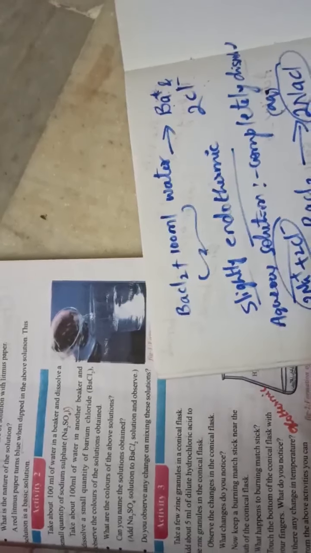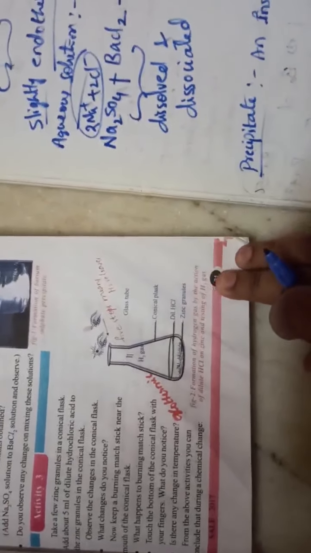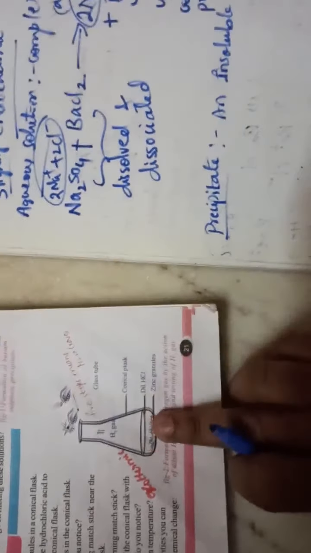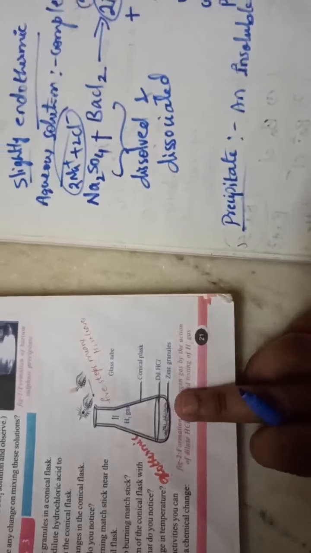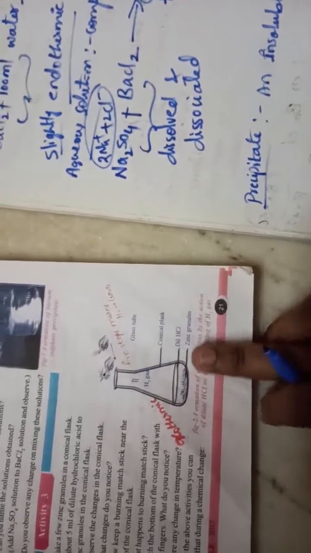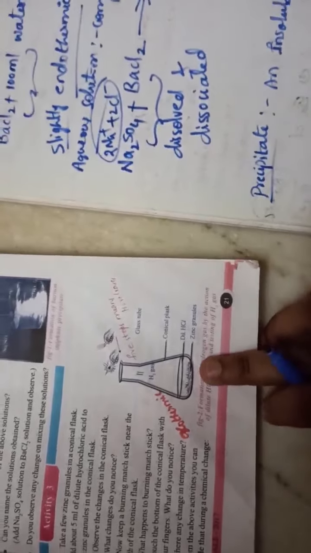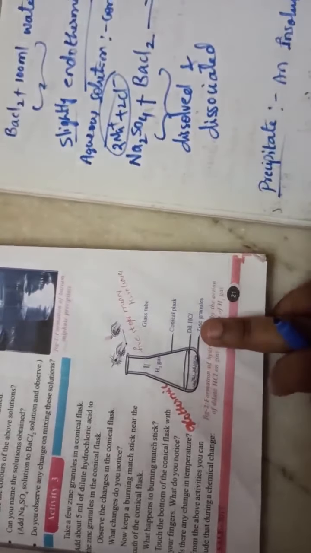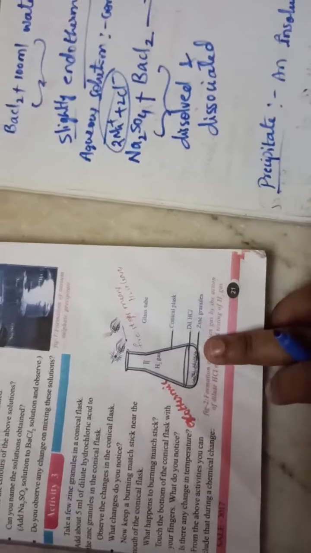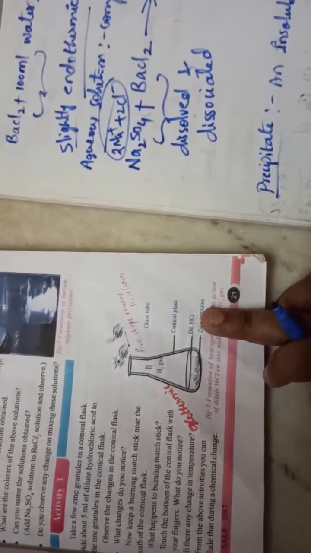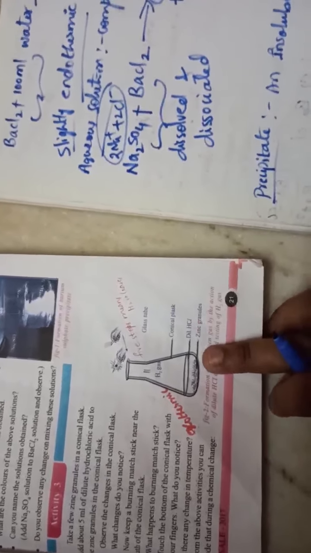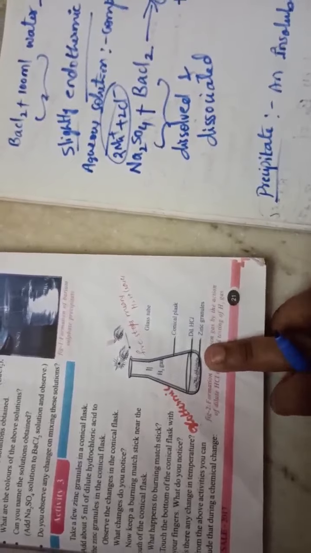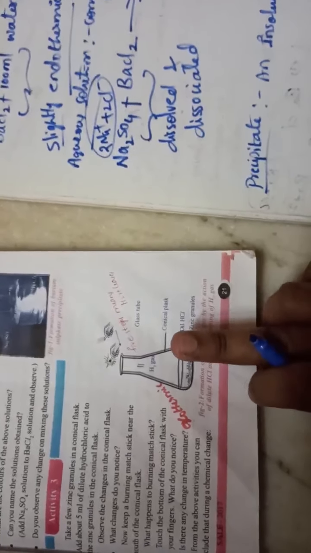So coming to activity 3, take a few zinc granules in a conical flask. The zinc granules are the solid substance we are taking, and we add diluted hydrochloric acid to it. Then the conical flask will release a gas, hydrogen gas.